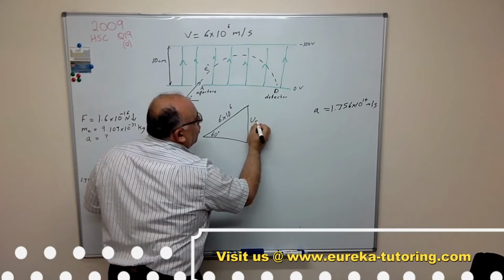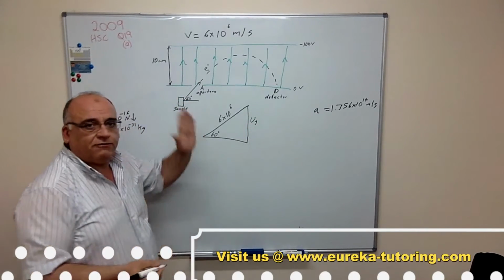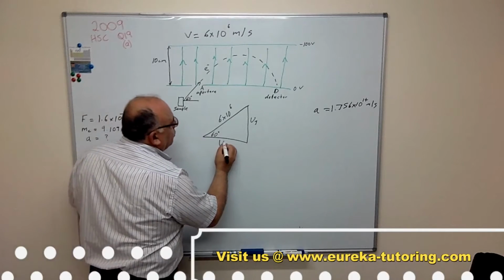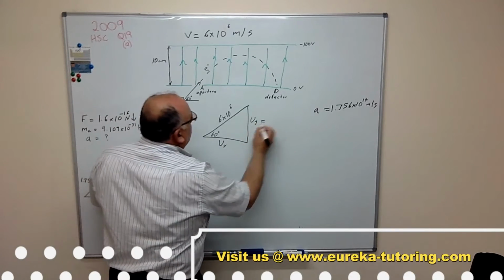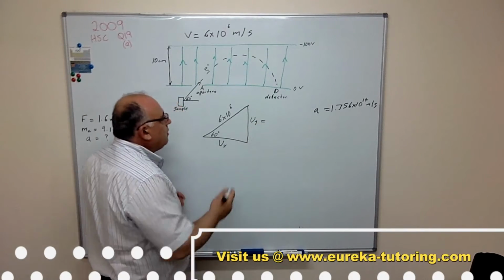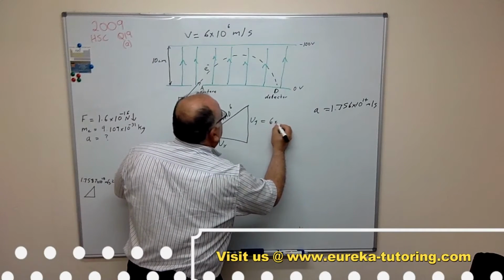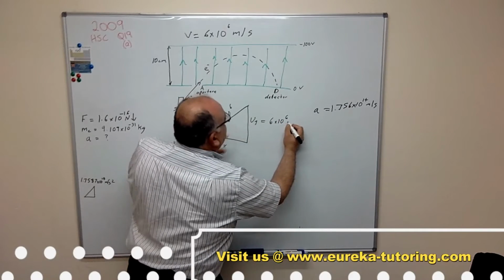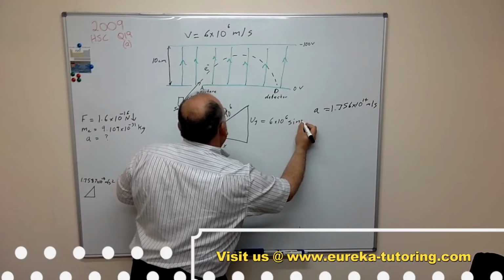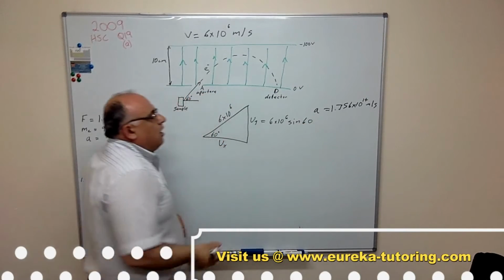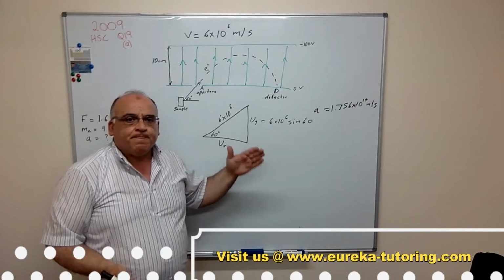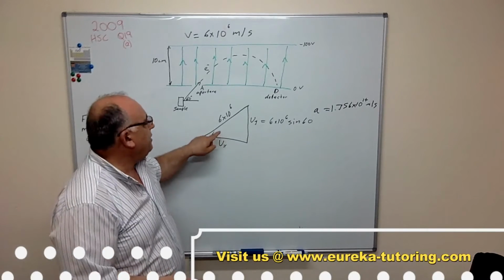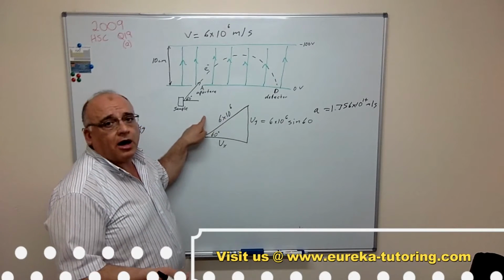That's our uy, our initial velocity in the vertical direction, and that's our ux. Uy will be, if you do the trig, 6 times 10 to the 6 sine 60. Sine 60 is opposite on hypotenuse.